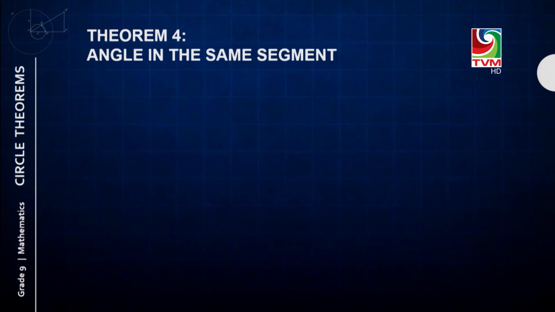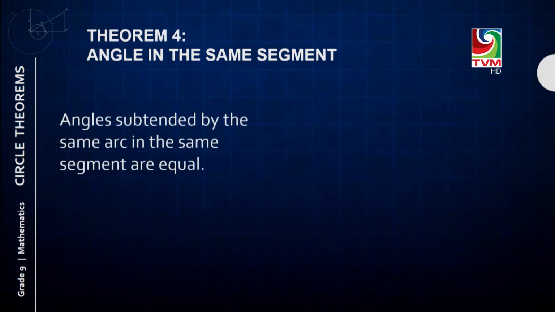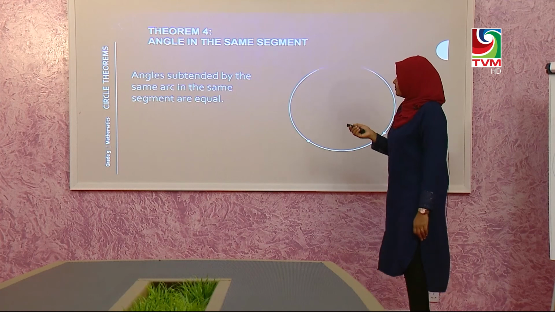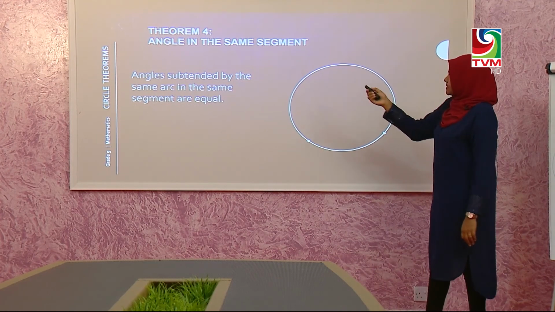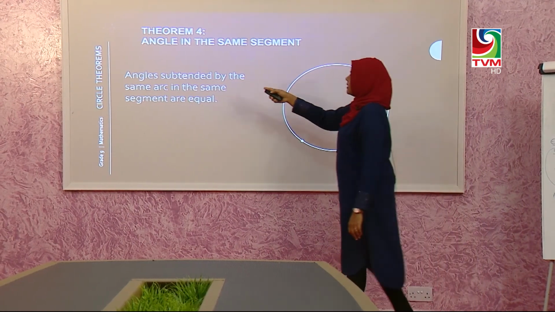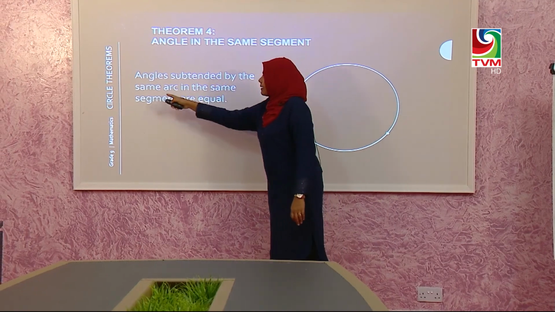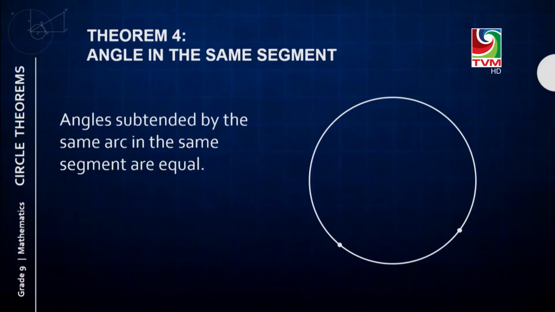Fourth theorem, that is angle in the same segment. Angles subtended by the same arc in the same segment are equal. The keywords here are subtended by the same arc, in the same segment. So, this is the arc marked in the diagram.